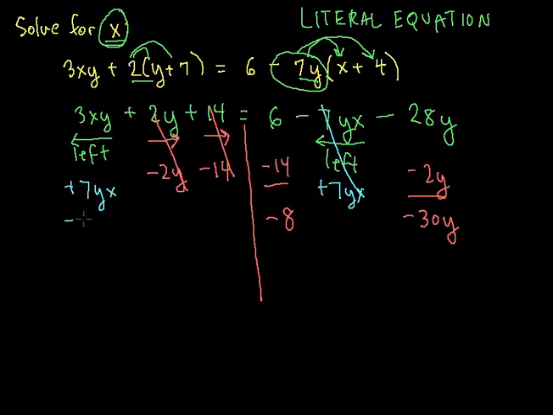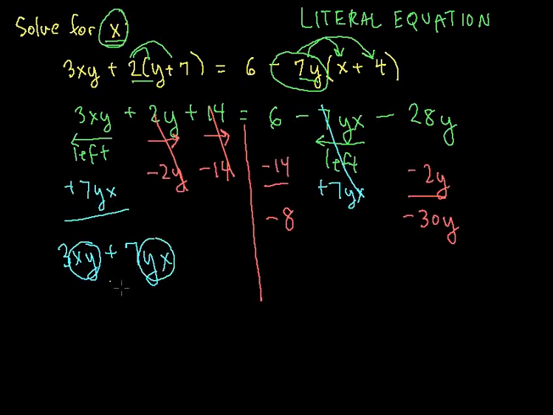And what we have on the left-hand side is 3xy plus 7yx. And the question you need to ask yourself is, can we combine these two terms? Are we dealing with like terms? And the answer is yes, we can. And the reason is xy is exactly the same thing as yx, right?